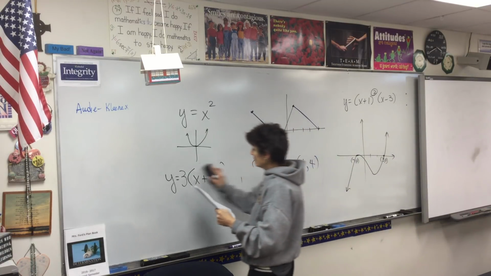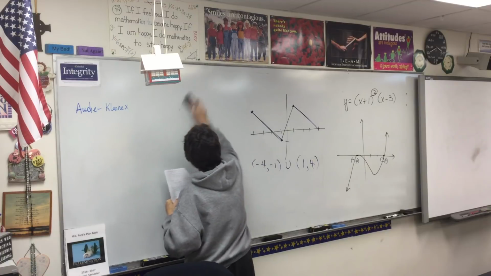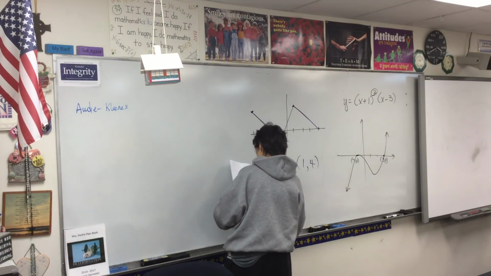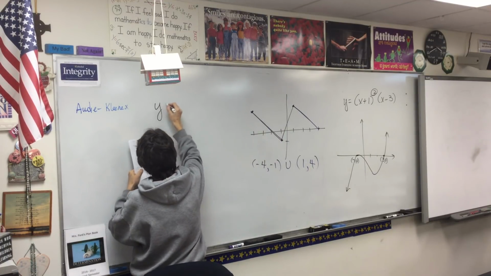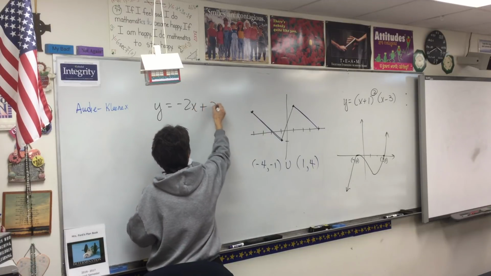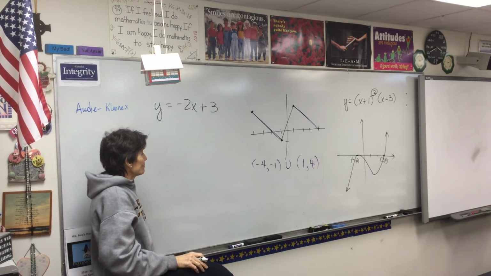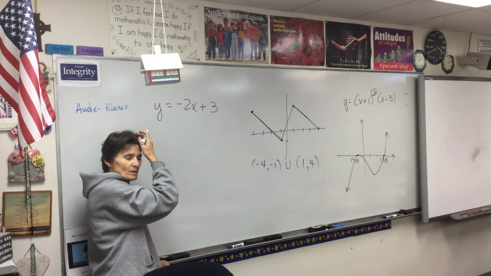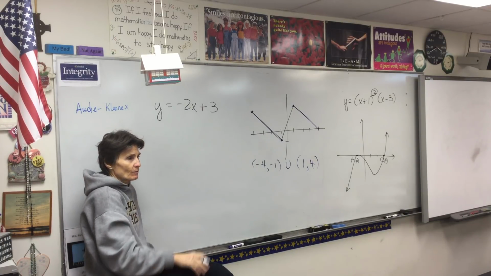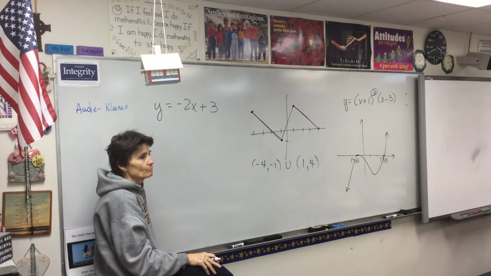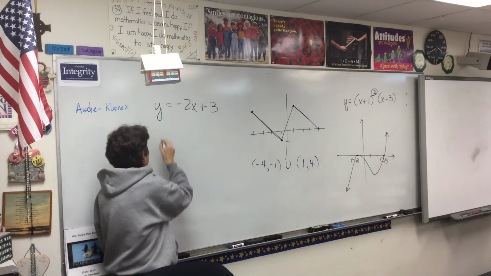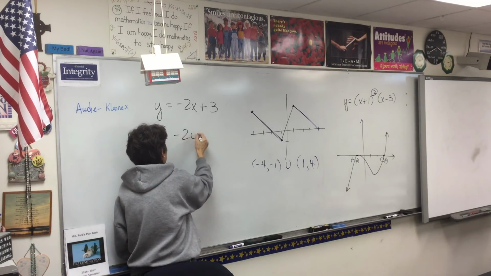Okay, find the inverse. So here's the original equation. All right, Maddie, you know this because we just did it earlier. How do we find the inverse? What do we do? Switch the variables. So she says switch the variables.